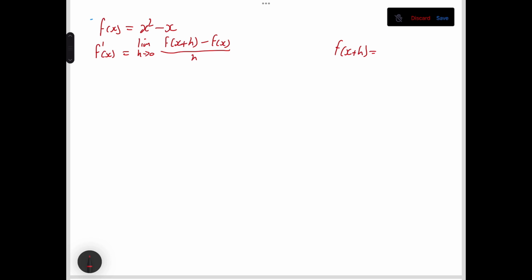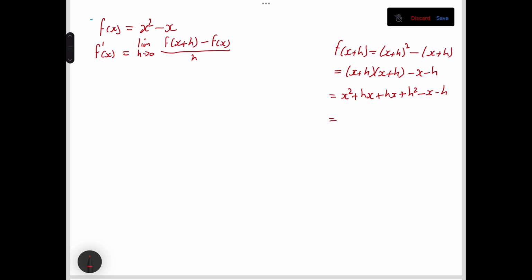It's going to be x plus h to the power of 2 minus bracket x plus h. You have two x's there, so we have to substitute x plus h everywhere. We write out the brackets twice and we say minus x minus h. If we multiply out the far right part, it's going to be x squared plus hx plus hx plus h squared.